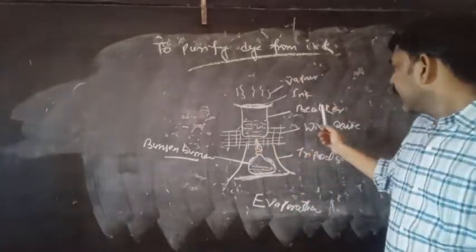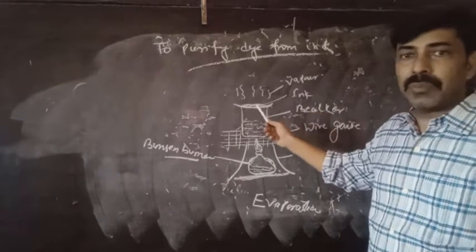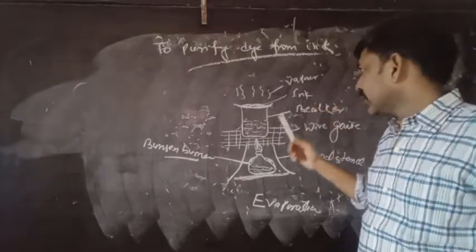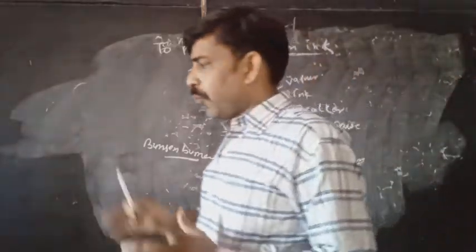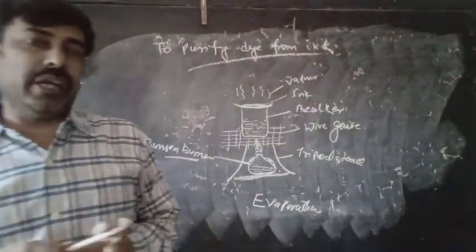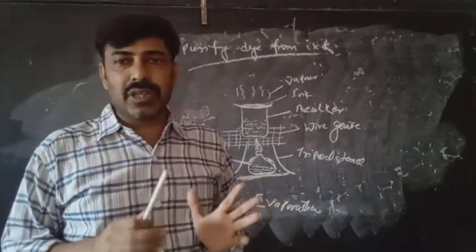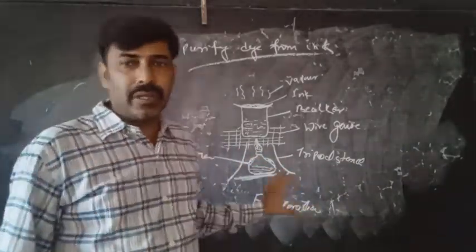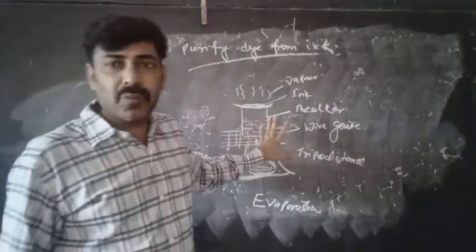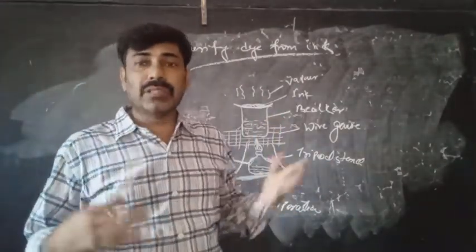Here it is the ink, that is the mixture of the dye and volatile substances, and after heating, vapor formation takes place. When you put the material in this arrangement, you just heat it, and the water will become warm and vaporization will start.